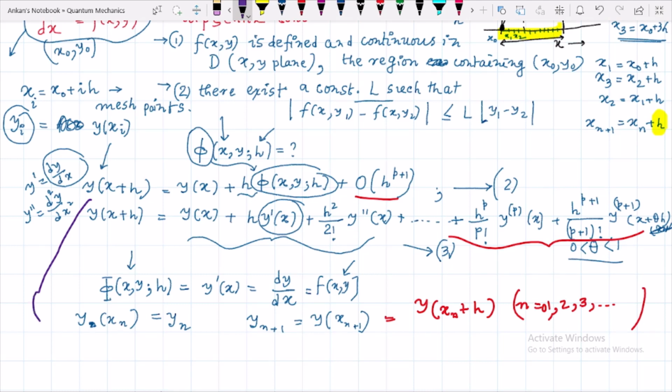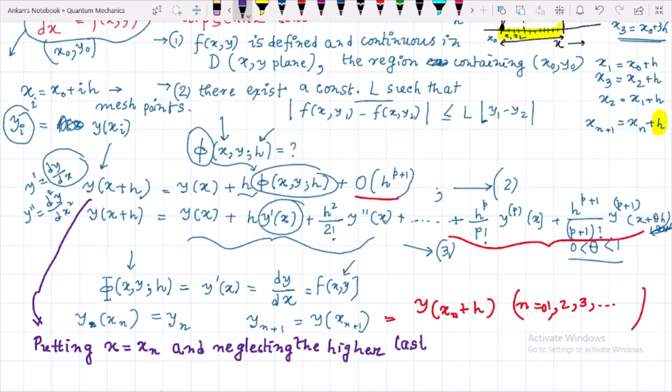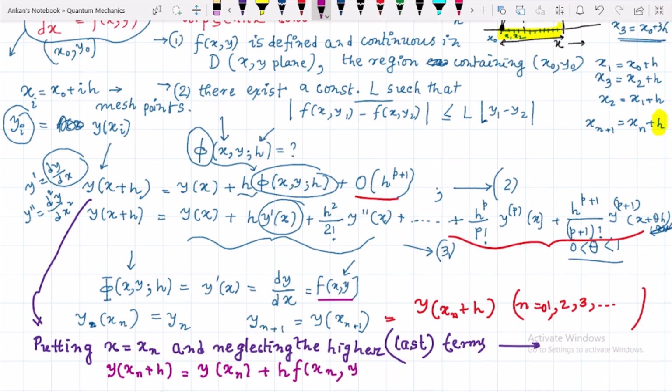From this, putting x equal to xn and neglecting the higher terms, what I can get is that y at xn plus h is y at xn plus h into f of xn comma yn.